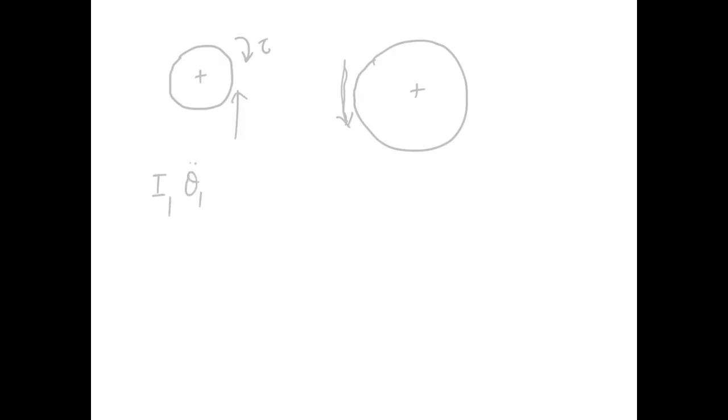Back to the problem. If I write Newton's equation for the first pinion, with theta 1 positive in this direction, then I1 theta 1 double dot will be equal to tau minus the force F times R1.